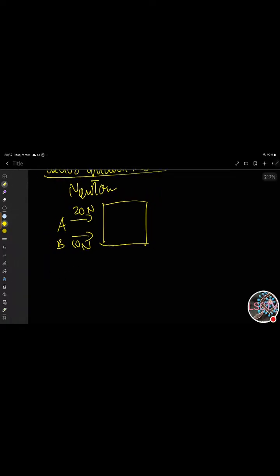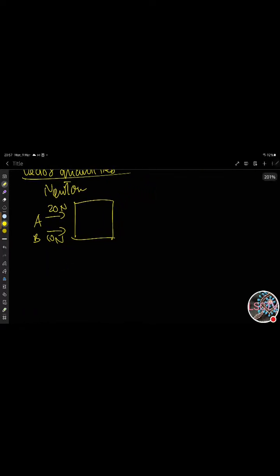See, what did you learn when you were in 8th grade? When two forces are applied in the same direction, what do they do?